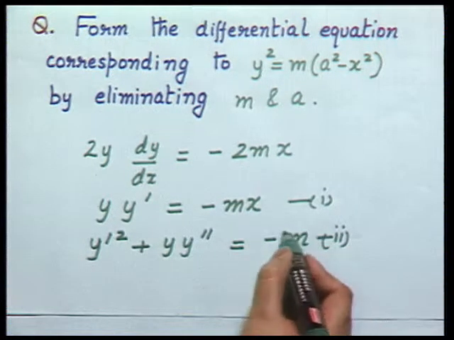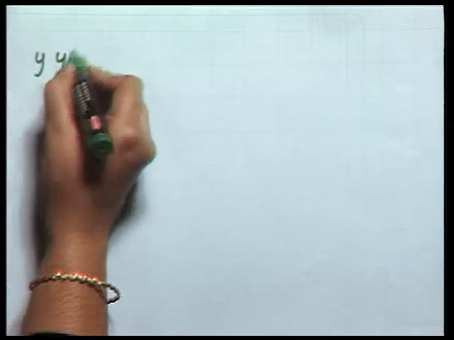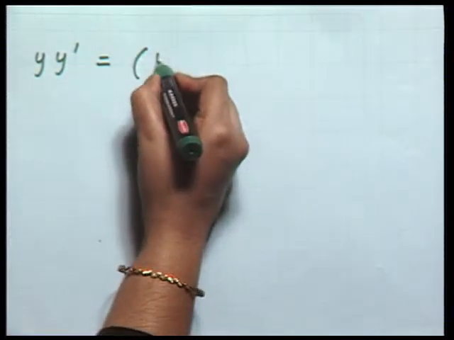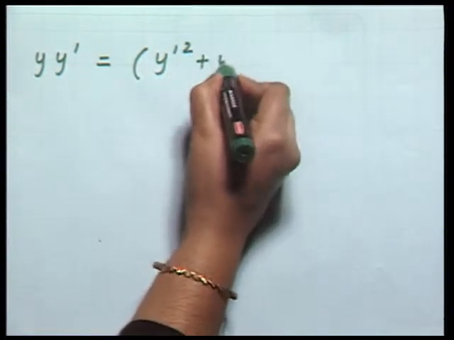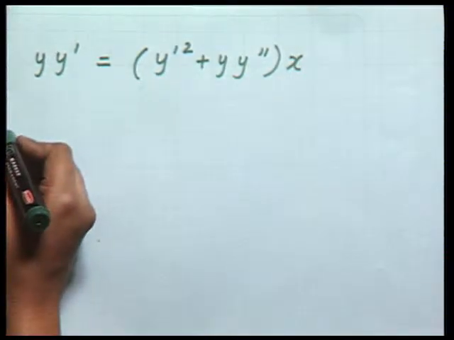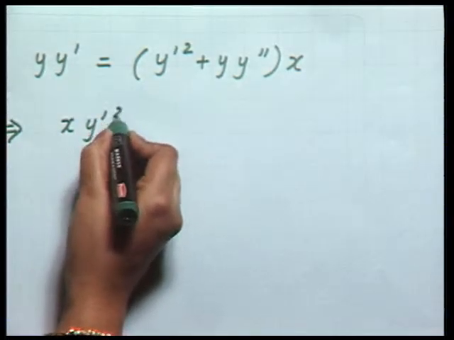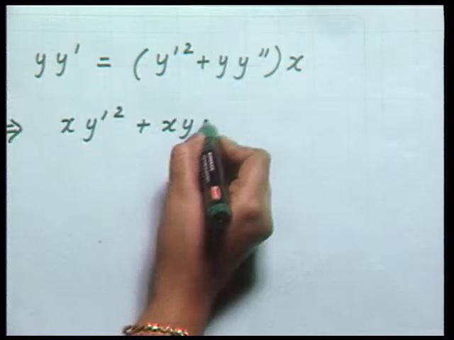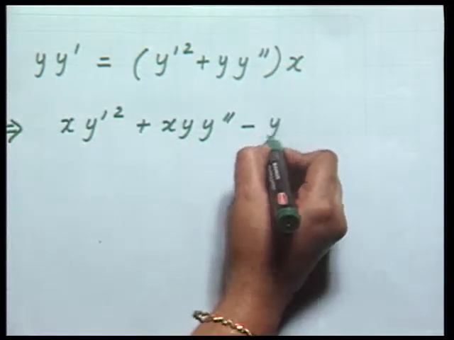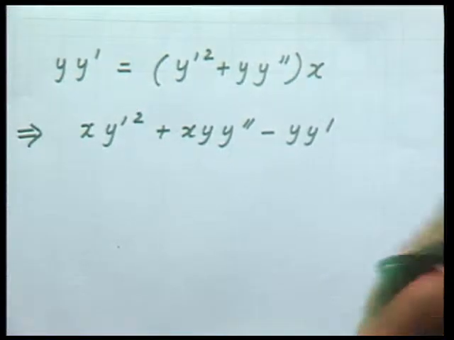You can put the value of minus m from 2 in 1 and you will have your equation turning up as y dash is equal to y dash square plus y double dash into x. It can be again rewritten as x y dash square plus x y double dash minus y dash is equal to 0.